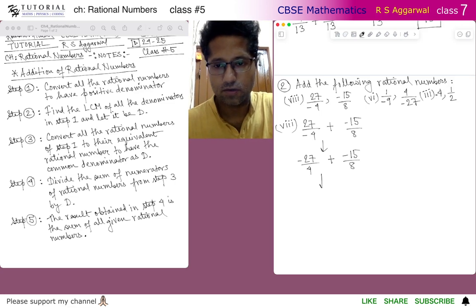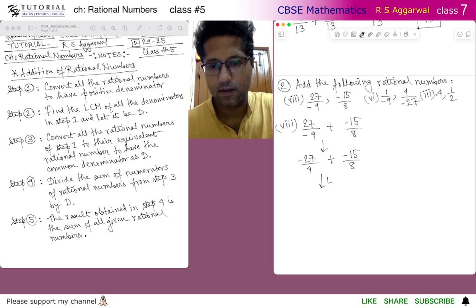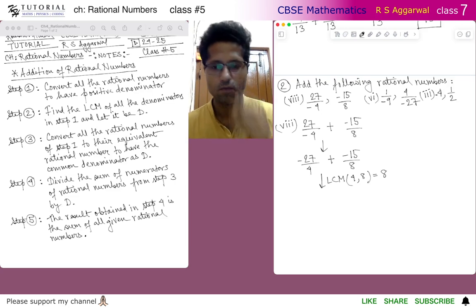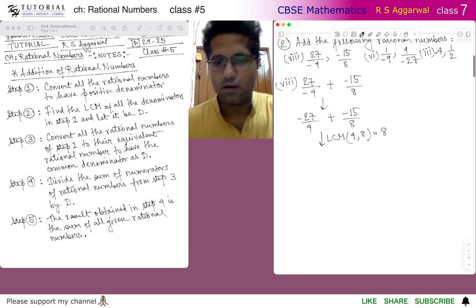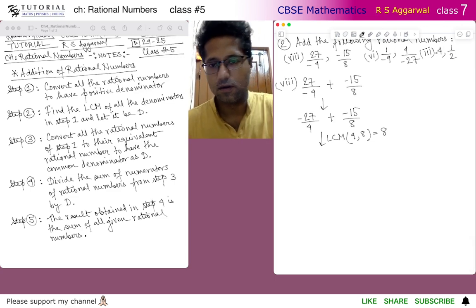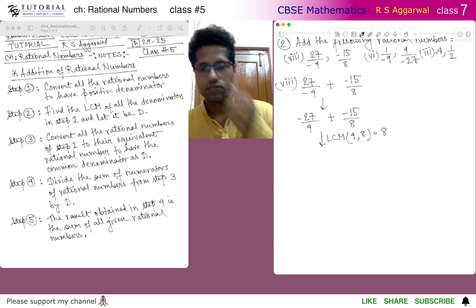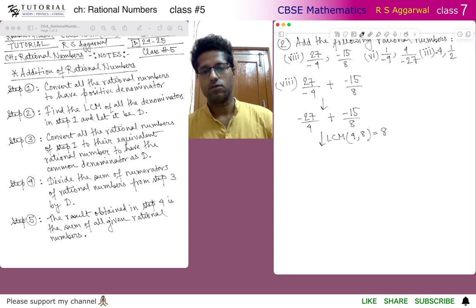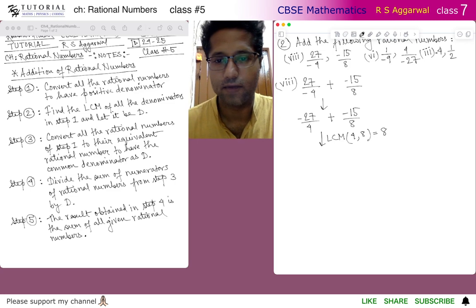Now since the denominators are different, we have to find the LCM of the denominators. So we have to find the LCM of 4 and 8, which is 8. LCM means least common multiple. Now we have to convert the rational numbers to their equivalent rational numbers, so that both have a common denominator of 8.